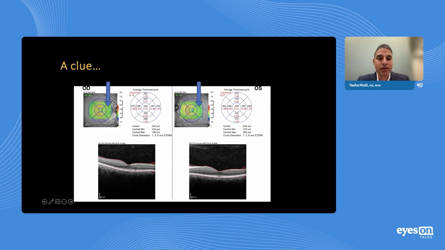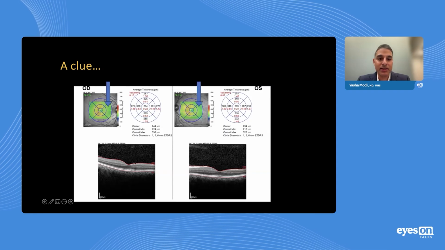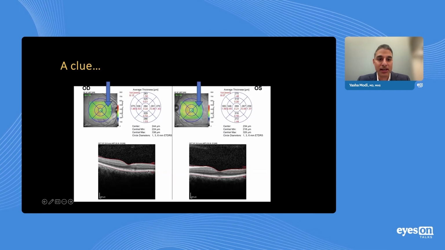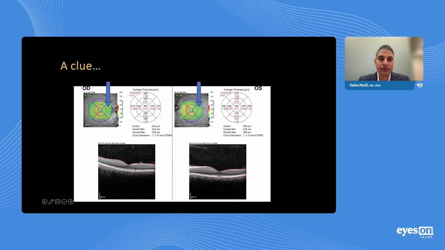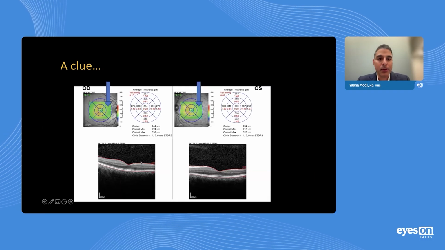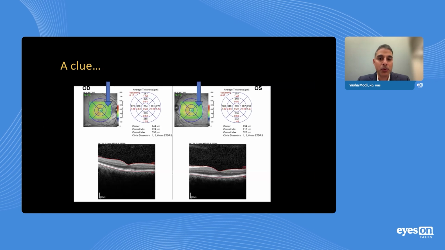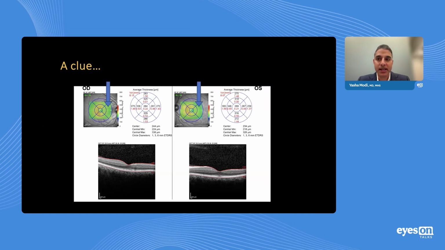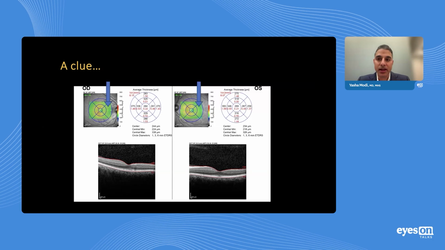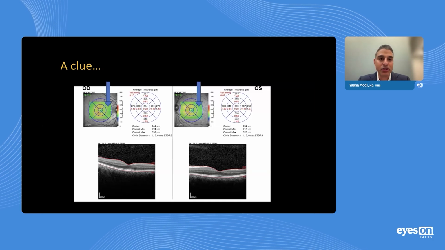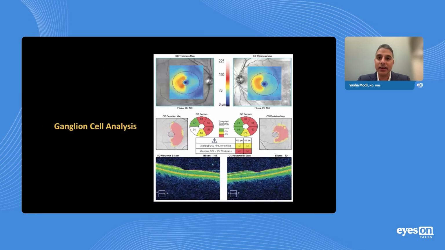So then you have to ask yourself, what layer is involved? So look at the cross-sectional OCT, and when you look, especially in the right eye, we would ideally like to see a really healthy GCIPL, which we don't see. And temporally in the other eye, we don't see that. So I sent this patient back and I got a ganglion cell analysis.